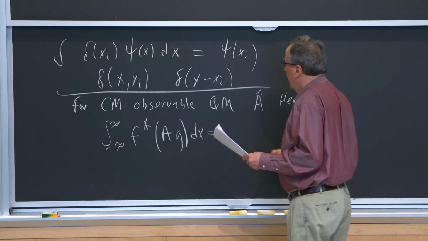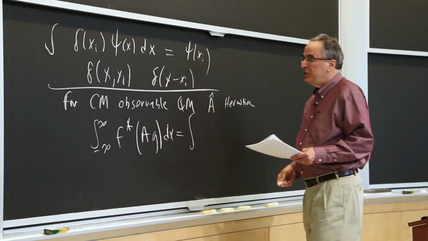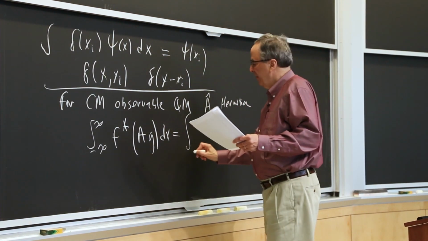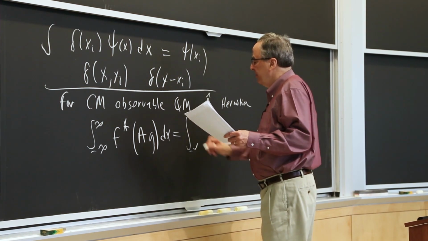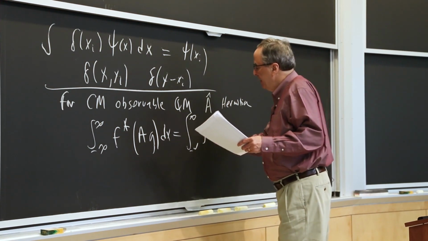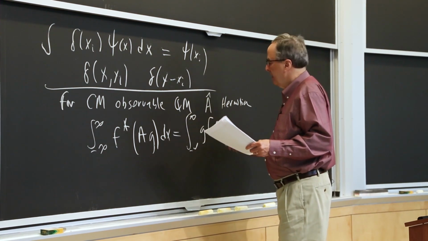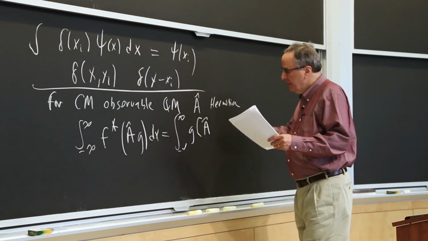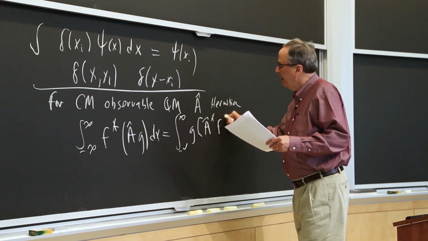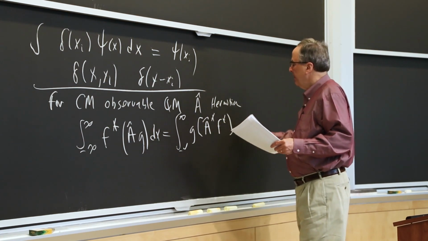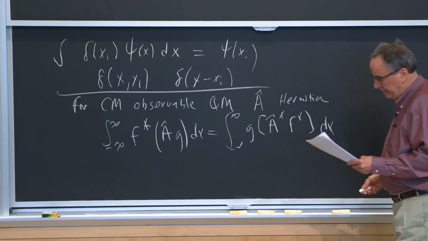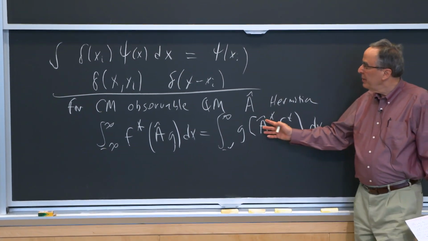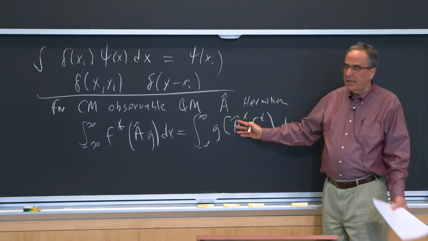And the definition of Hermitian is this abstract definition. We have same integral from minus infinity to infinity, g, a, let's put a hat on it, star, f star, dx. Well, this is kind of fancy. So we have an operator, we can take the complex conjugate of the operator.